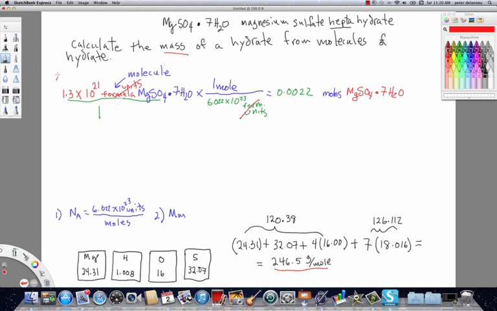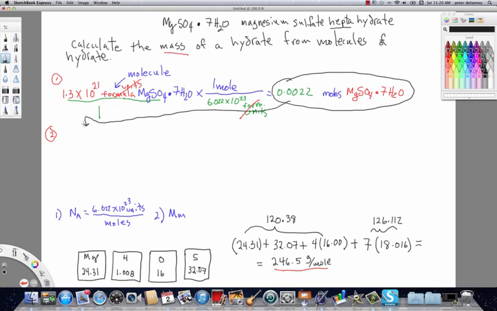Now, the goal of this was to calculate mass. So we've completed step 1. Now we need to do step 2. So what I'm going to do is pull down my moles of the hydrate for the second step. So we have 0.0022 moles. I write my units and put in my correct label so I know what it is I've got. And now I'm going to multiply by my molar mass. We need grams in the top and we need moles in the bottom.